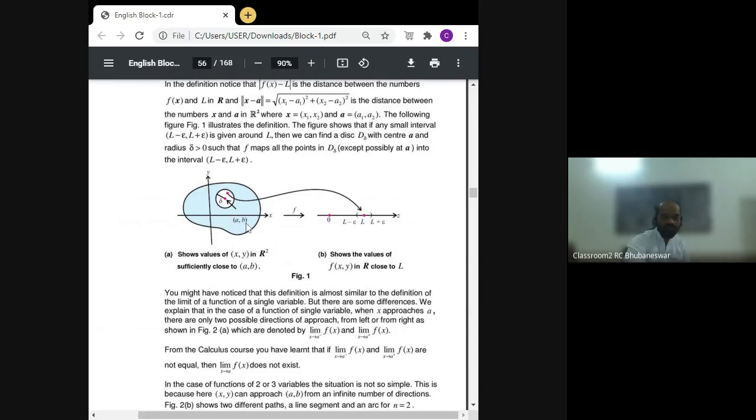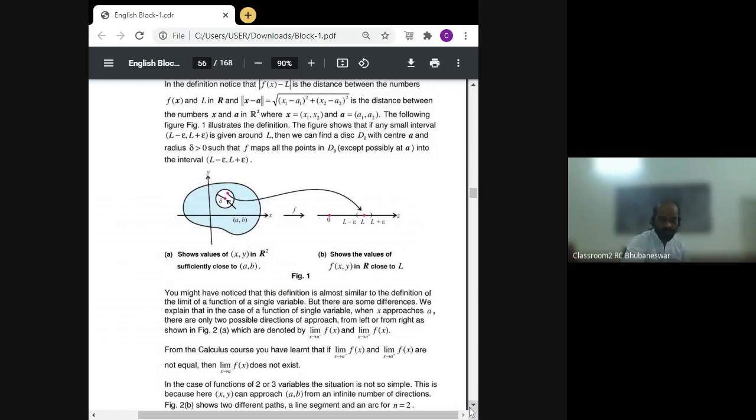Whenever these 2 points are very close to each other, then you can say that their norm value, norm of x minus a, will be less than small delta. So here in this picture you can clearly see that small delta is the radius of that particular set in a circle, and the circle is a ball that is known as capital B A h. In this way you can understand the definition of the limit of the function.